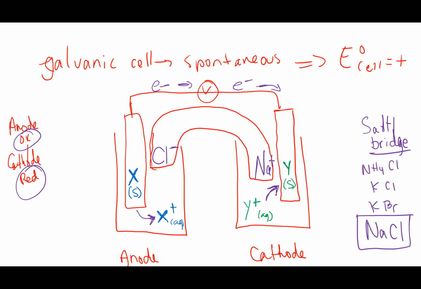So the key for this question is, if you know that the anode is on the left and the cathode is on the right, actually you can kind of memorize this. Everybody take a mental picture of this, take a screenshot in your mind, and now just watch. If I erase these words, this is the template for your answer.